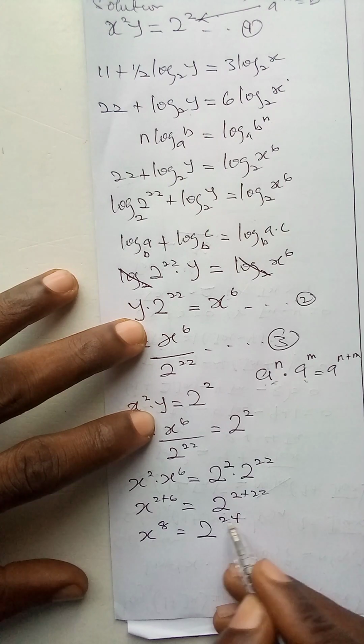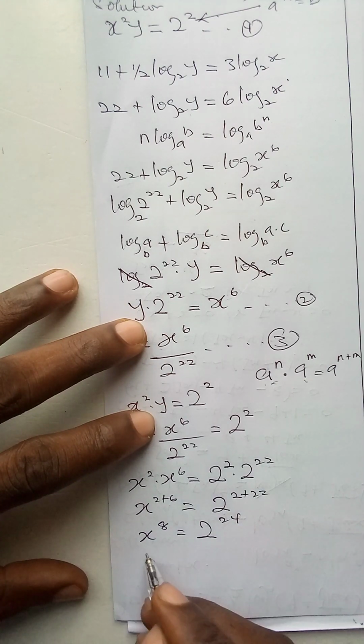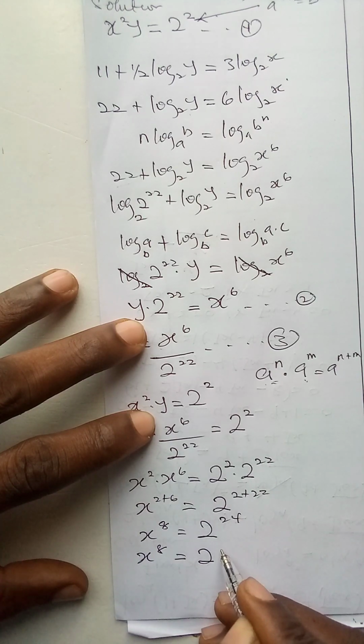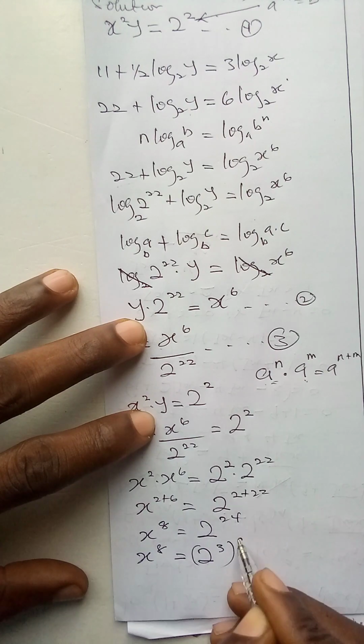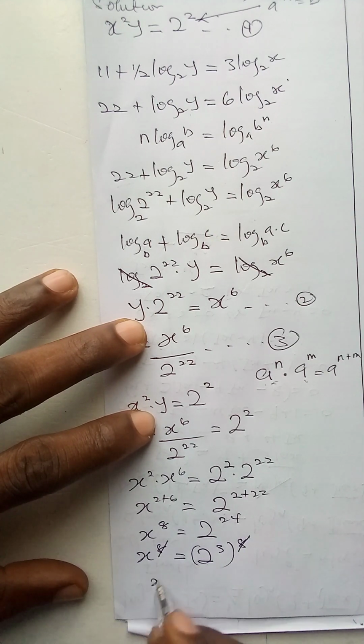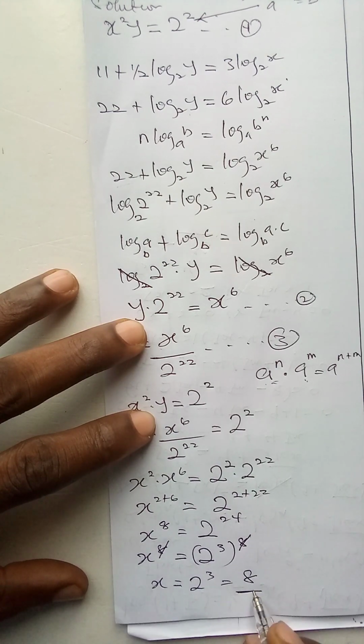I can factorize 2 to power 8 out here. Now, x to power 8 will give me 2 to power 3 bracket 8. So this 8 will cancel this 8, remaining x equals 2 to power 3, and 2 to power 3 is 8. Therefore, my x is 8.